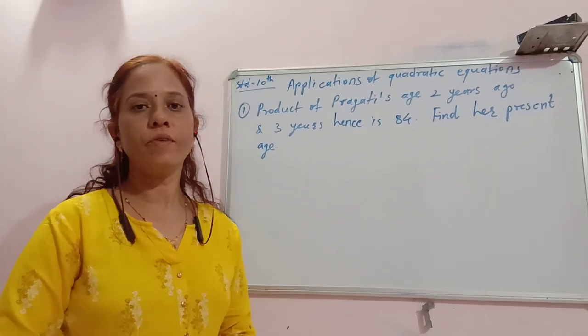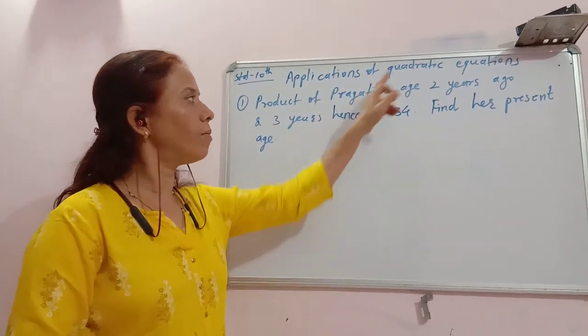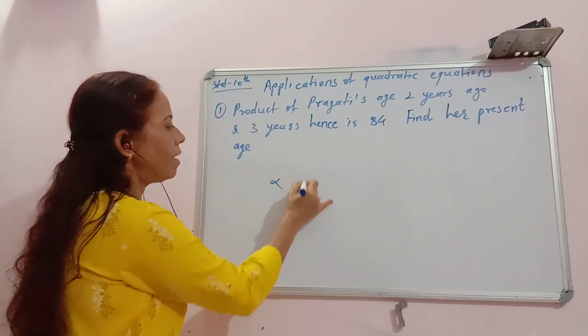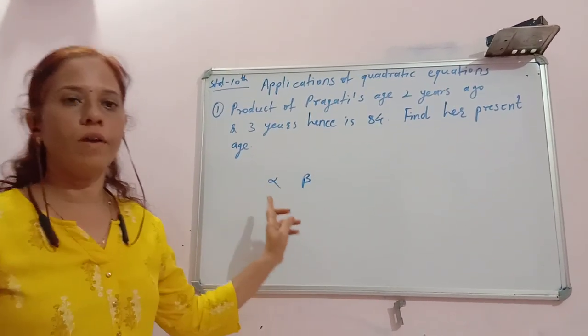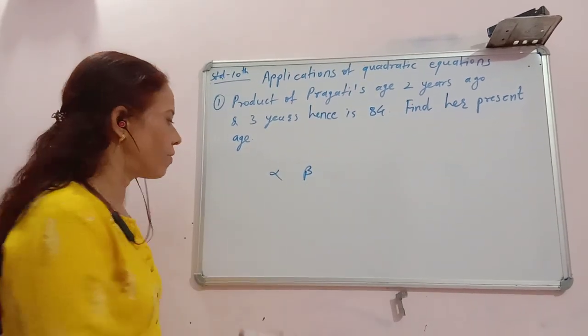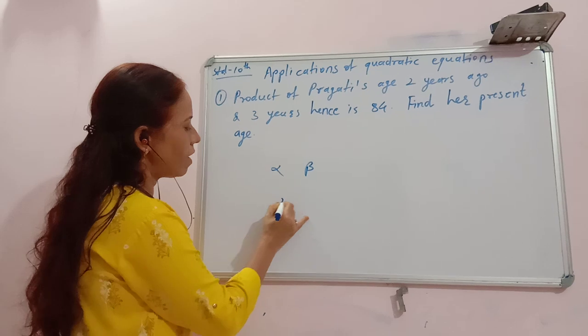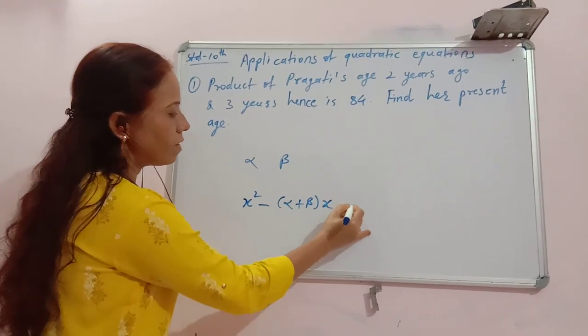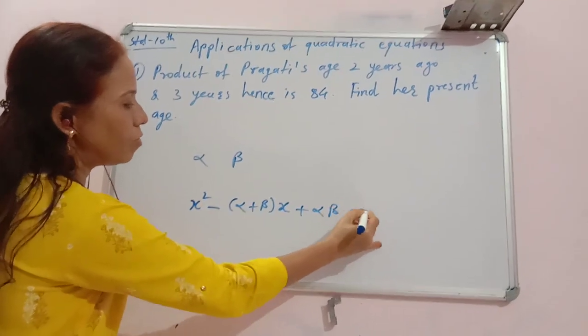In the last lecture, we studied how to frame a quadratic equation when you know the roots. For example, if alpha and beta are the roots of a given quadratic equation, then we can frame the quadratic equation as x square minus (alpha plus beta) into x plus alpha beta equal to 0.